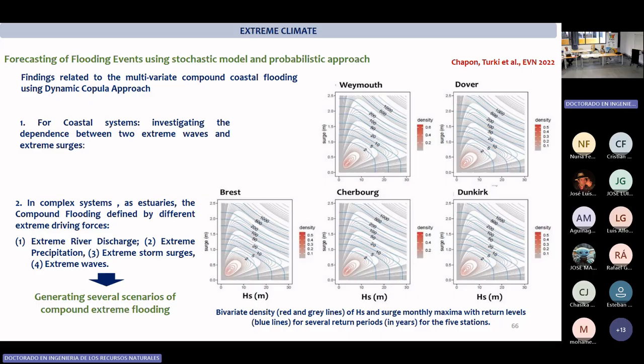We need these to include them in our numerical models to simulate our compound flooding and to know that when we have this value of waves, we have the related surge. It's like the joint densities between waves and surge, to understand the return levels associated with the compound flood.